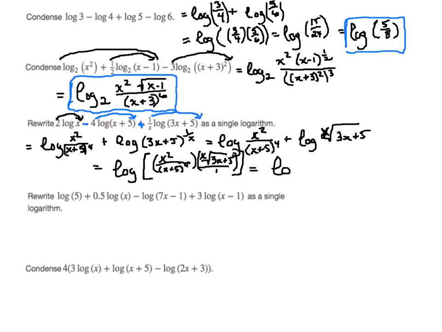So my final condensed logarithm is the log of x squared times the x root of 3x plus 5, all divided by x plus 5 to the 4th power.